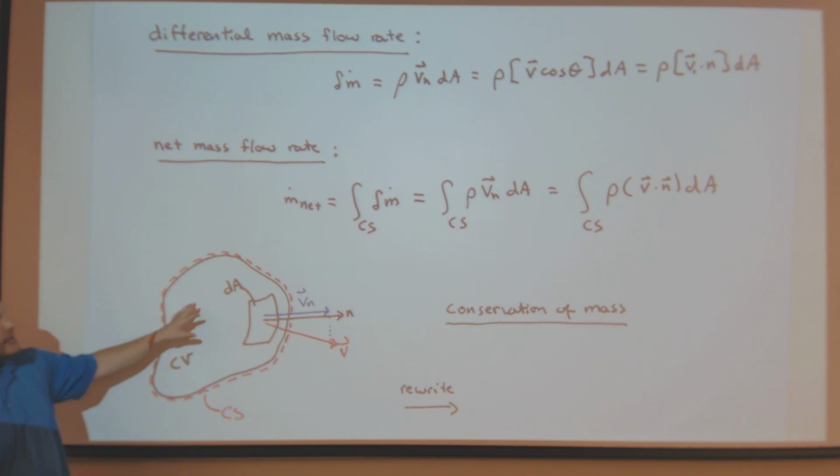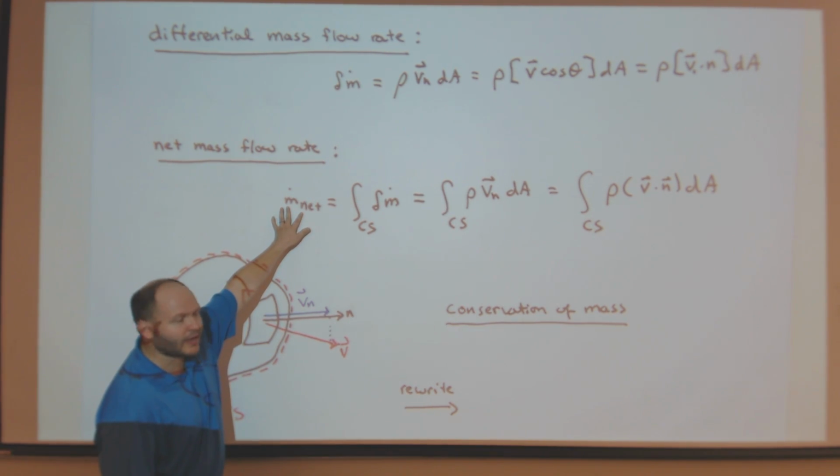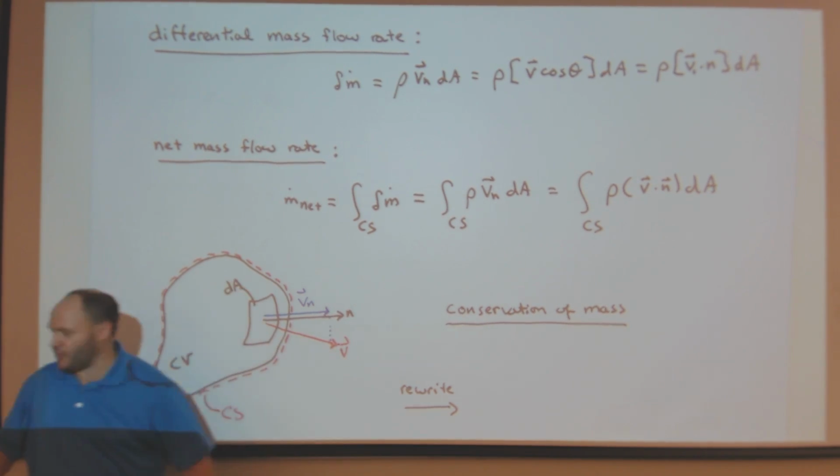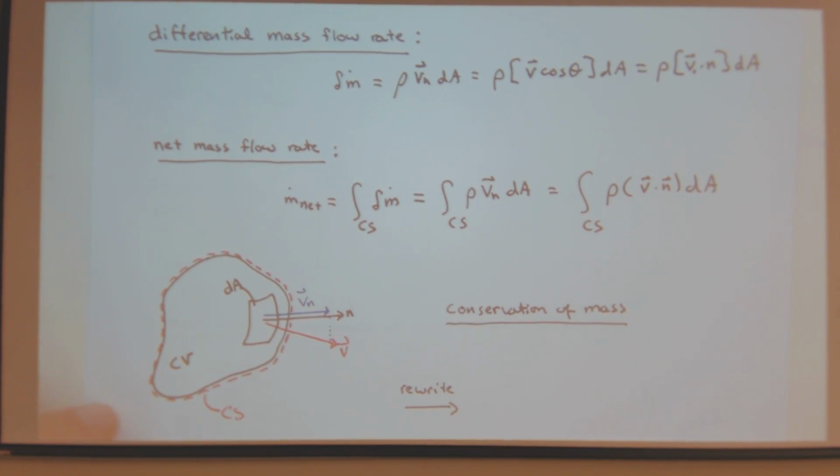So this kind of complicated thing, and I'm just getting to the net mass flow rate, right? I wrote all this stuff out, but then I'm going to write a simpler version for the conservation of mass. M dot in minus M dot out equals d dt delta M control volume, and so I rewrite this: d dt delta M control volume plus M dot out minus M dot in equals 0.